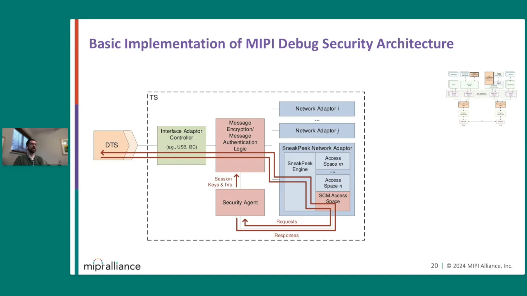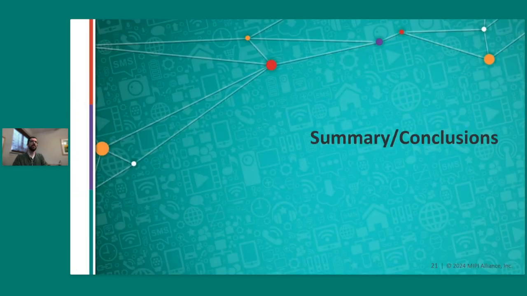And the secure session is enabled with the message format. And then at that point, the DTS will be able to send the encrypted messages and have this logic encrypt and decrypt the outgoing and incoming messages for the normal debug traffic.